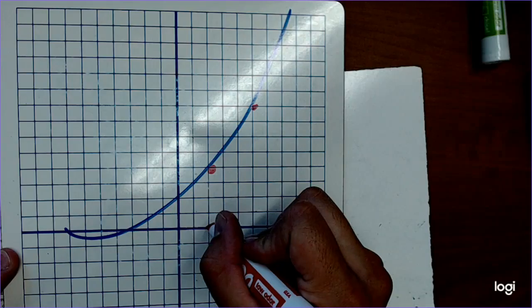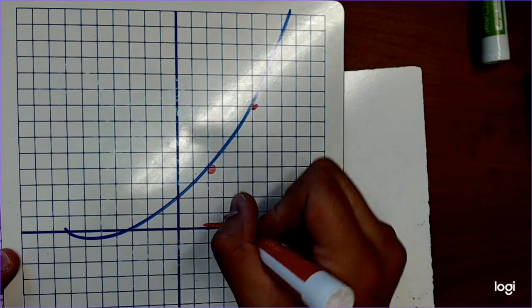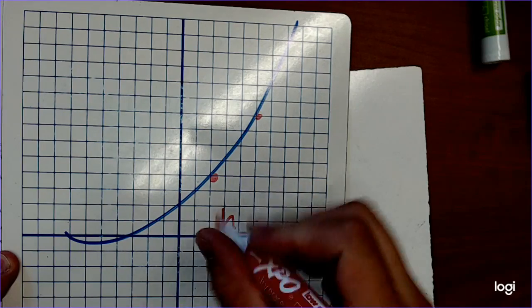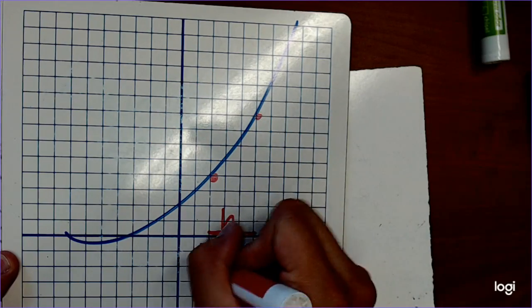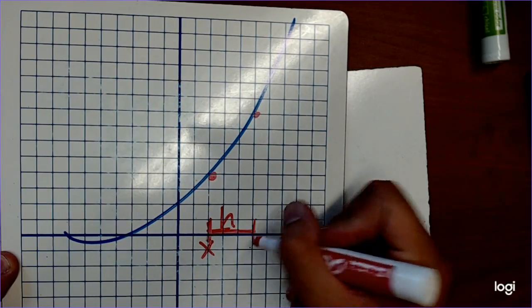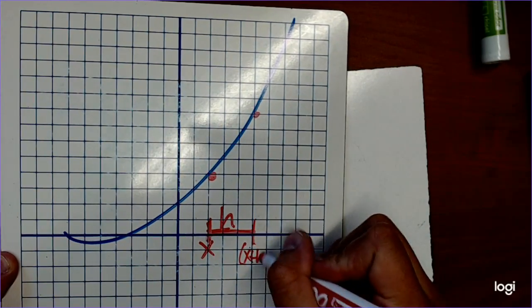And we knew that the length of that move was h. So this point on the line was x, and this value was now x plus h, right?